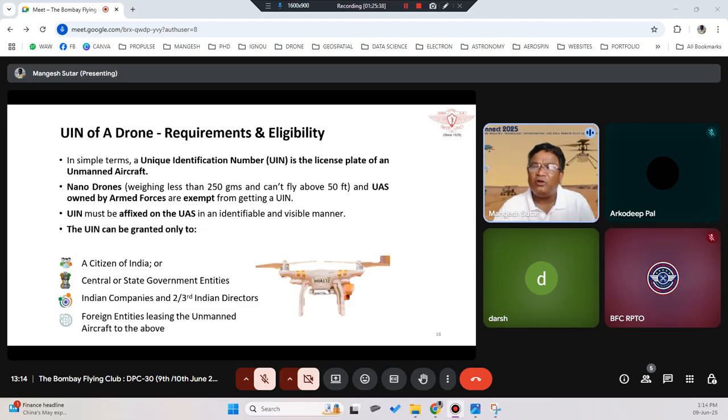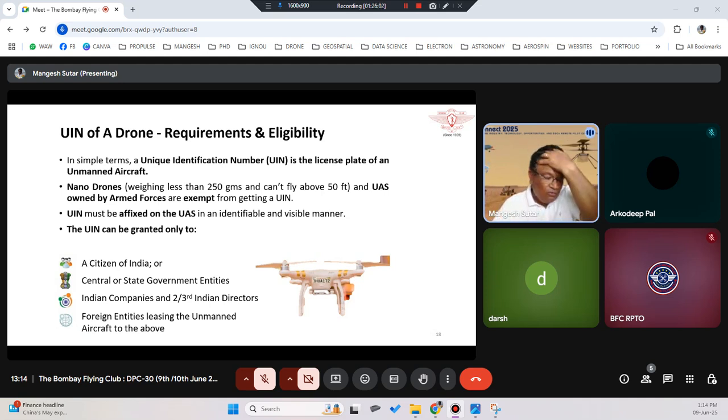Like if you are starting some services around drones, in that scenario you have to make sure that your company has 2/3 Indian directors. There could also be foreign entities leasing the unmanned aircraft. They can also get it, but if they are leasing it to a certain body, that body should also have 2/3 Indian directors.